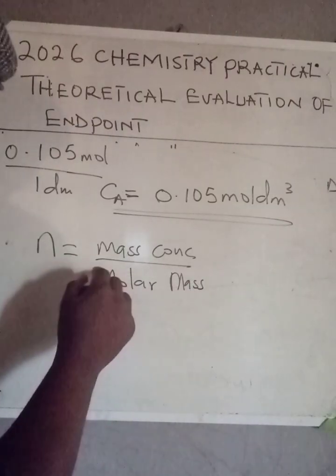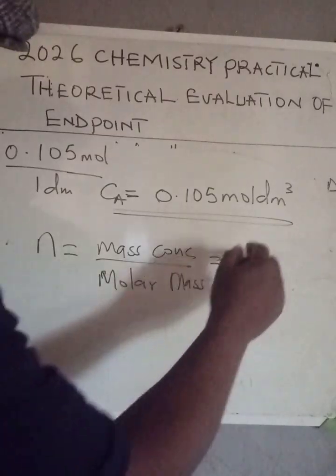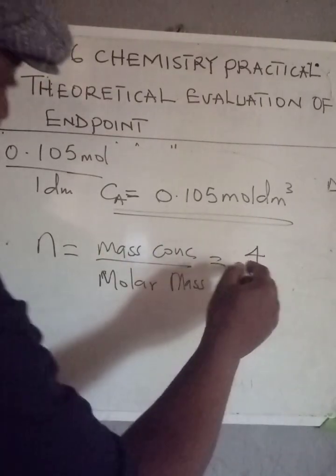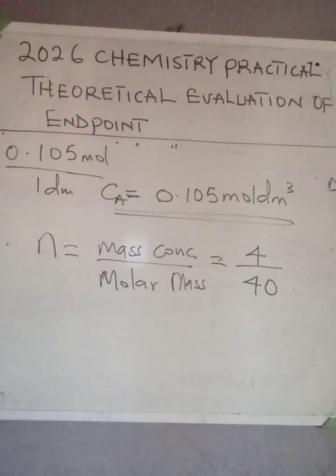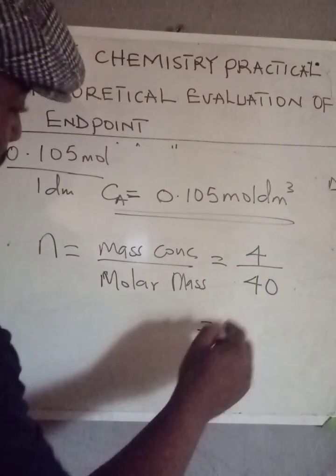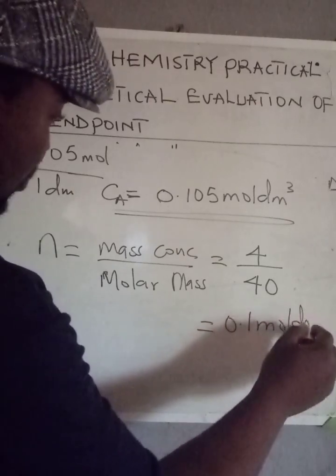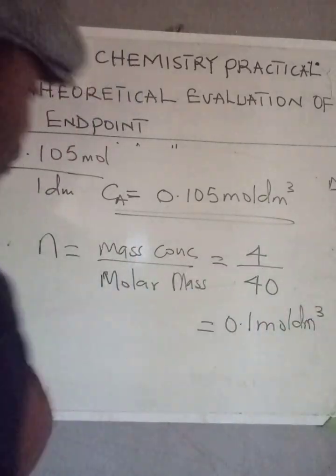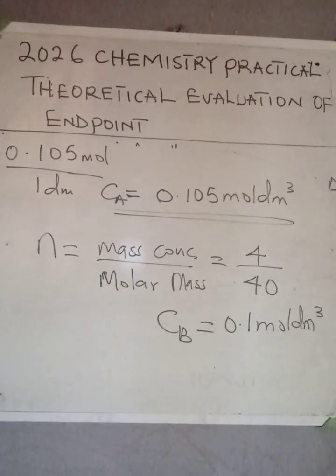The mass concentration is 4 gram per dm cube, divided by the molar mass of the sodium hydroxide. That will give us 0.1 mole per dm cube. So this one is very easy to compute. So we have gotten our CB, which is the concentration of the base.